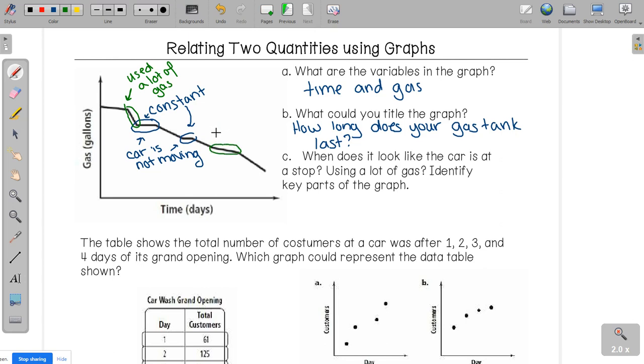So let's think how to write this. So they used a little amount. So each section here describes how much gas this person has used in the amount of days.